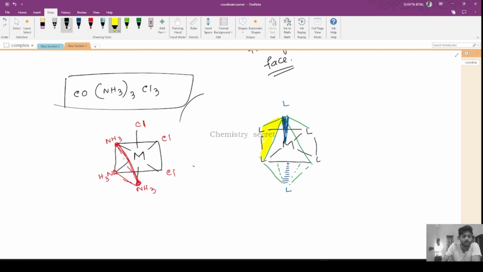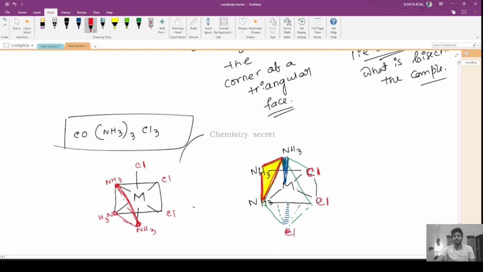If we consider the different ligands, like NH3 here, another NH3 here, and another NH3 here, and the rest three chlorines, one here and another here, we can see the vertices of this triangular face are occupied by three ammonia, which are identical donor atoms. So this is considered the facial isomer.